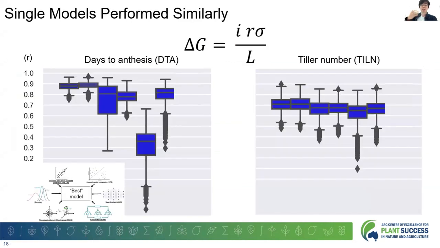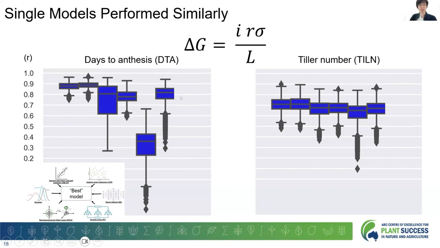Let's move to the actual result section here. This is the prediction result for both traits, D20 and serial number, when we use the single models individually. Each box plot has 6 different boxes representing their performance. From left to right, these are the GBLUP method, Bayesian model, RKHS, random forest, support vector regression, and then neural network here.